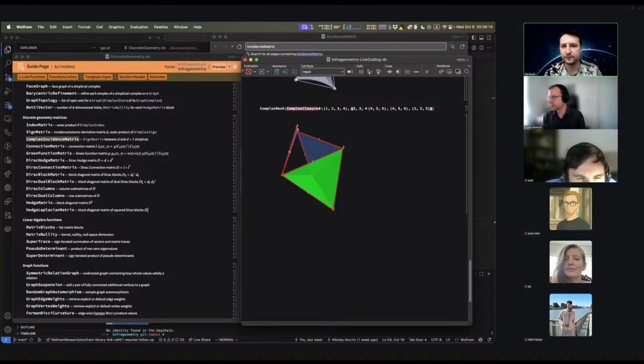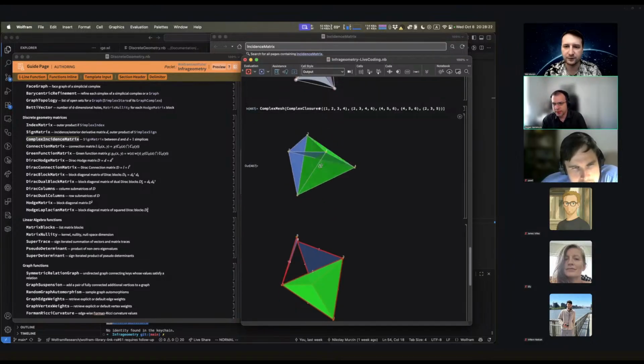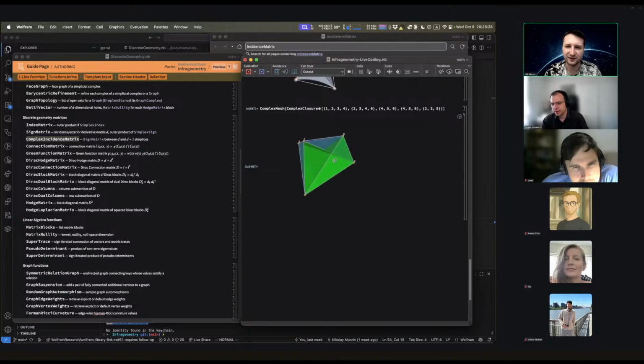Let's add another tetrahedron or something. Oh, I see, you still get this collision, but sometimes it's impossible. I don't know whether you can actually embed this without overlapping.